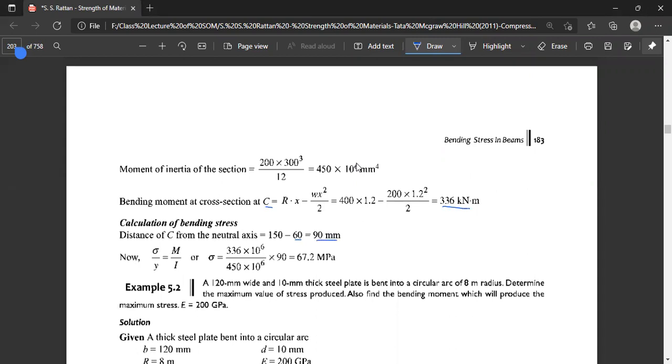So sigma divided by y is equal to M by I, or sigma is equal to M into y by I. The bending moment is 336 kilonewton meter, that is 336 into 10 to the power 6 Newton millimeter, divided by 450 into 10 to the power 6 millimeter to the power 4, multiplied by 90, the distance of C, which gives 67.2 MPa, which is the bending stress.